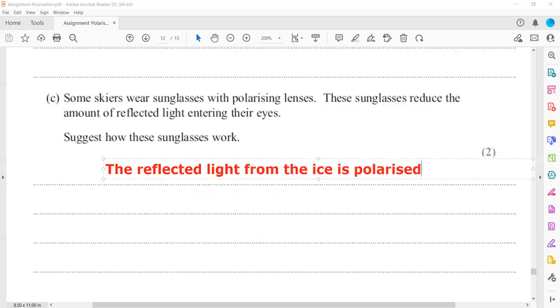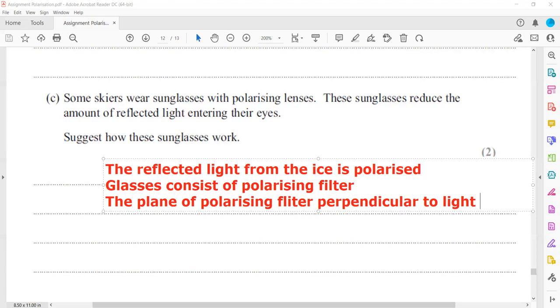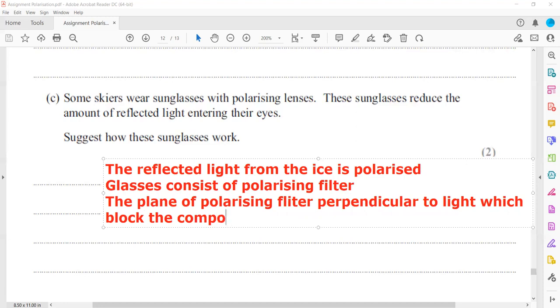The sunglasses consist of a polarizing filter, and as a result, the plane of the polarizing filter is perpendicular to the light, which blocks the component, or absorbs it.